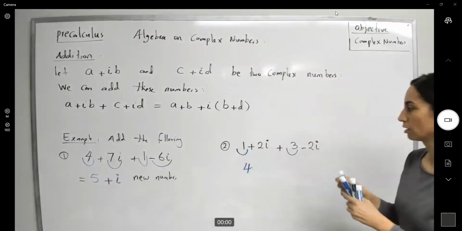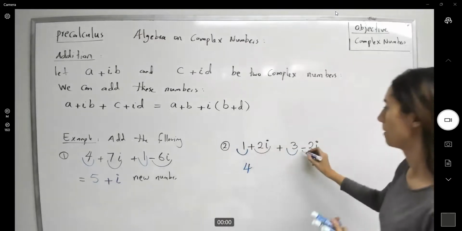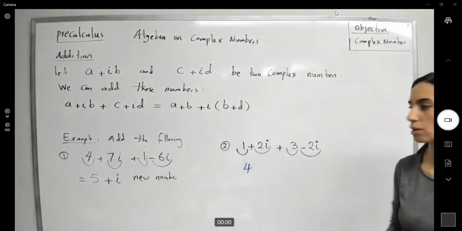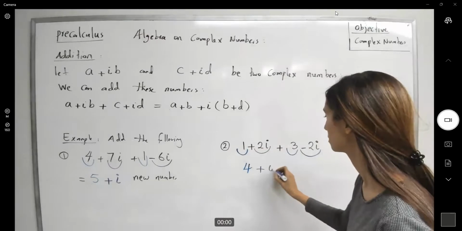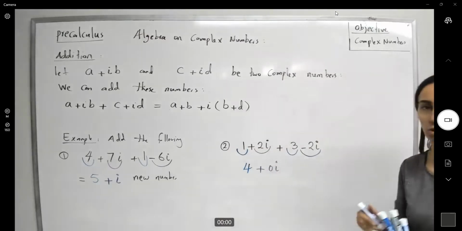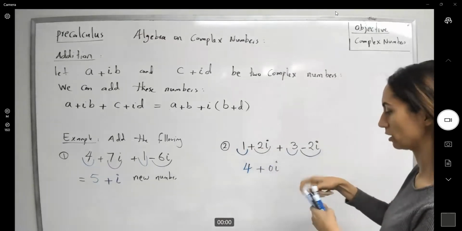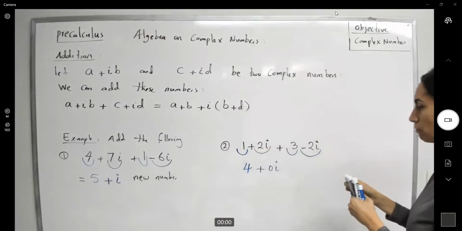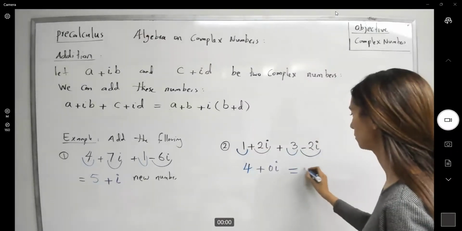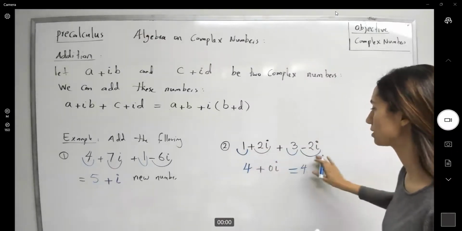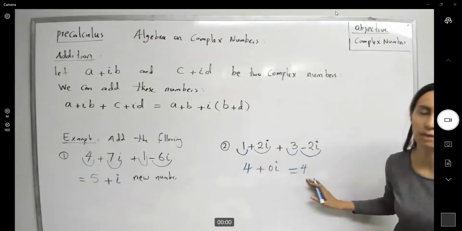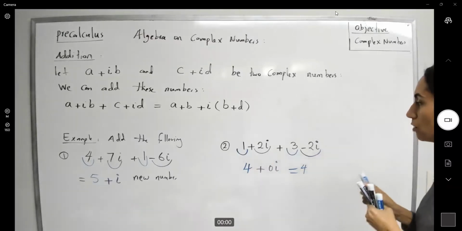Imaginary parts, well, I have 2i minus 2i, they are opposite of each other, plus 0i. Or you can simplify this and write it as just 4. We added 2 complex numbers and we got the real number. That's absolutely fine.